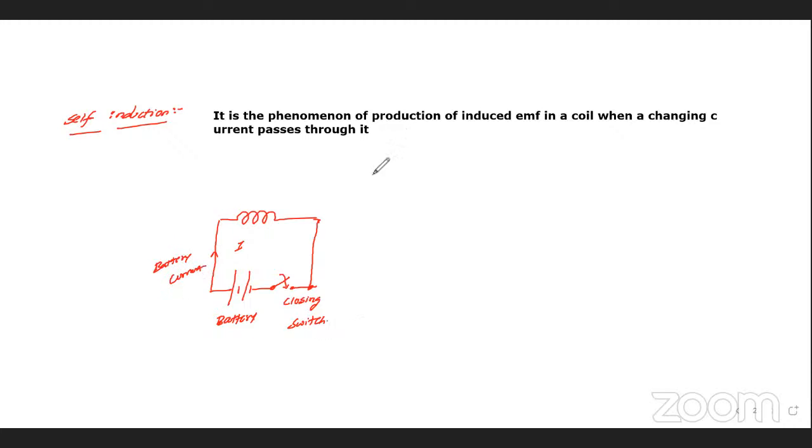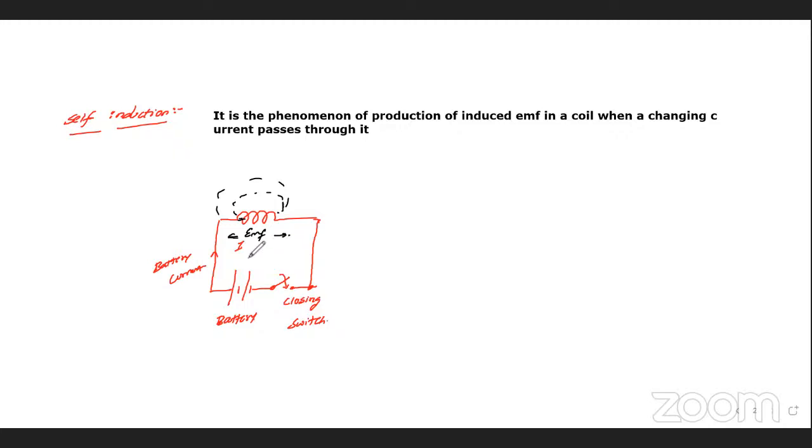So here, the point is the phenomenon of production of induced EMF in a coil when the changing current passes through it. Let's see. Here the current is flowing through this inductor. When current flows, there will be some flux induced. Because of the flux, there is an EMF across this inductor.